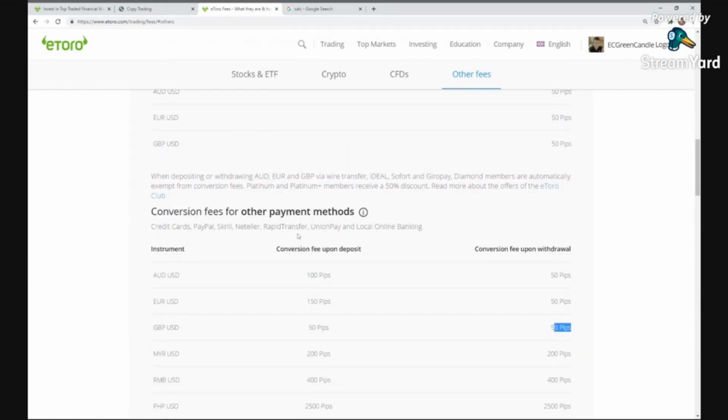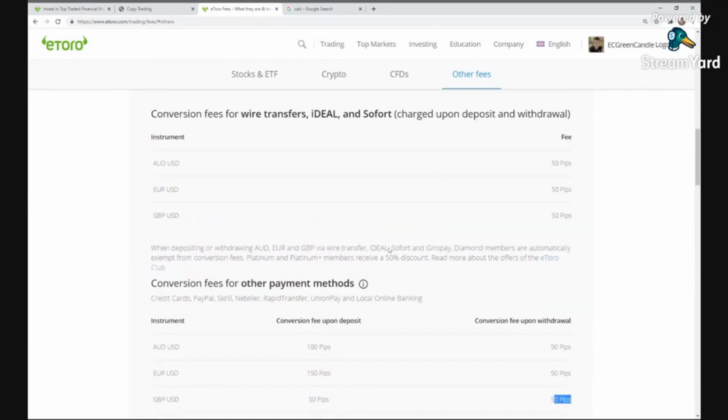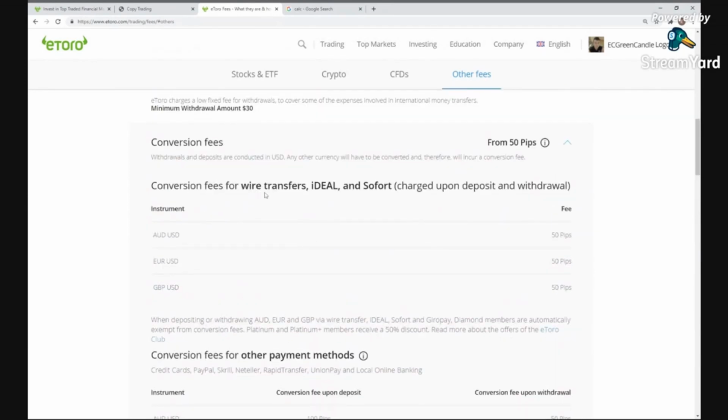So this is the conversion fee when you use credit card, PayPal, Skrill, Neteller, and all of the rapid transfer, Union Pay, or local online banking. But if you use wire transfer, iDEAL or Sofort, it's 50 pips for each of the currencies.